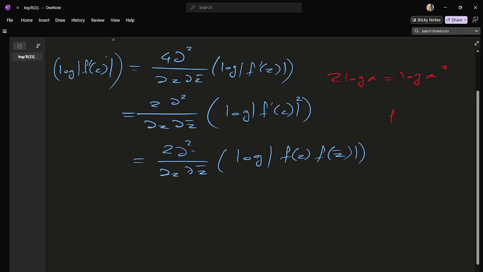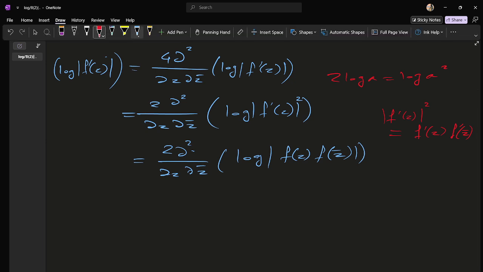We also know that the mod of this thing is equal to this. We are using this fact here. So what will we get now?